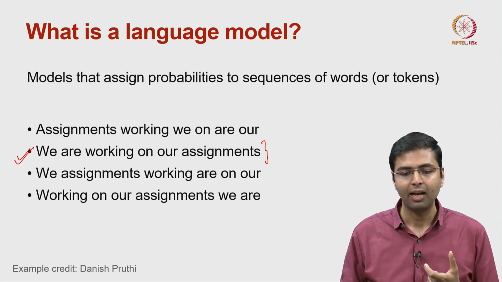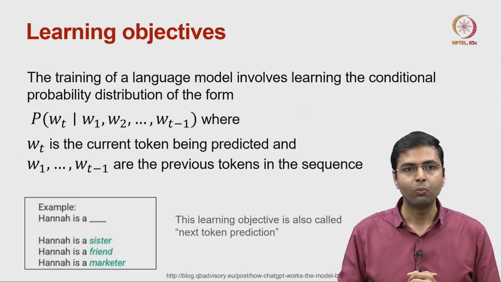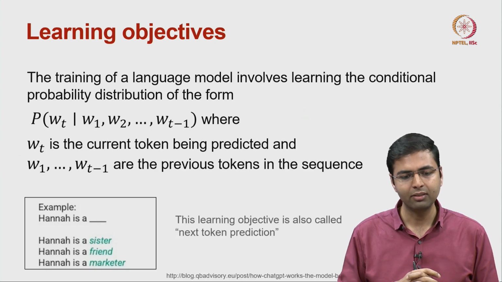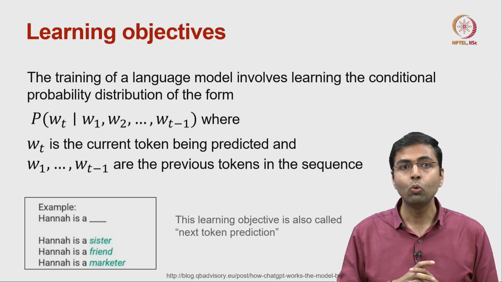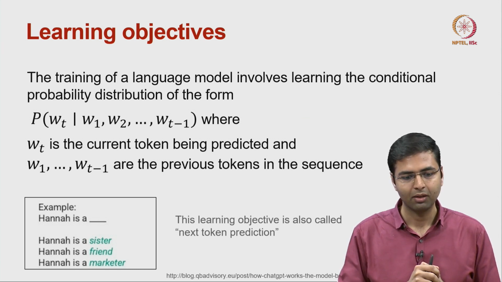So that's a high level description of what a language model is. That is, it is assigning probabilities to sequences of words or tokens. Now when we are training these language models, there are 2 different types of learning objectives that are commonly used.